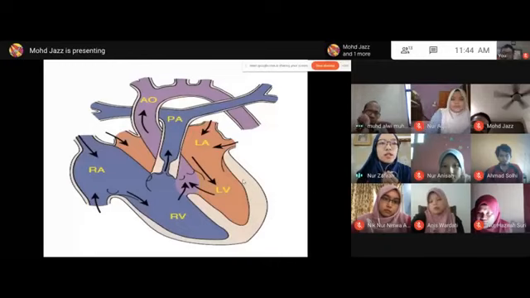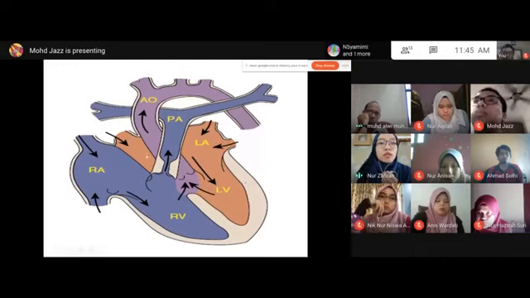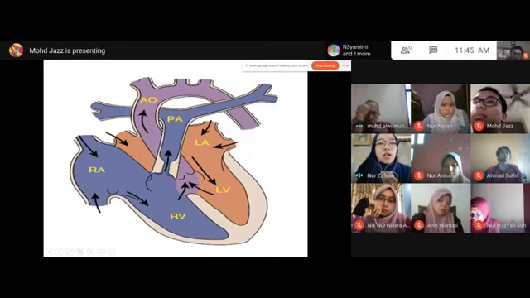The circulation is basically from the superior vena cava and inferior vena cava into the right atrium and into the right ventricle. Some of the blood from the right ventricle goes into the pulmonary artery. However, because of pulmonary stenosis, less blood goes into the pulmonary artery, so most of it shunts from the right into the left side of the heart.